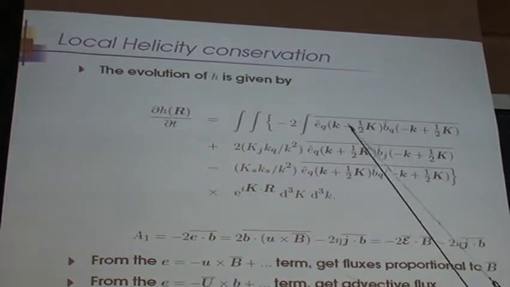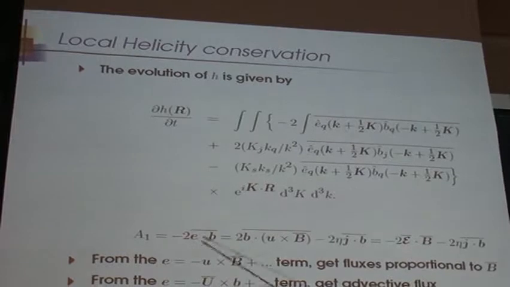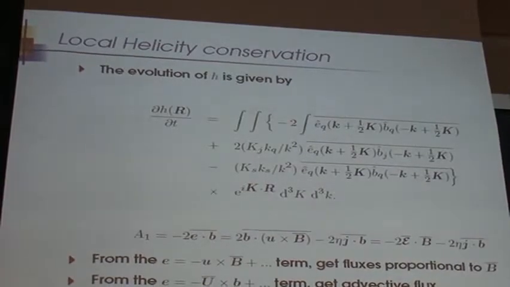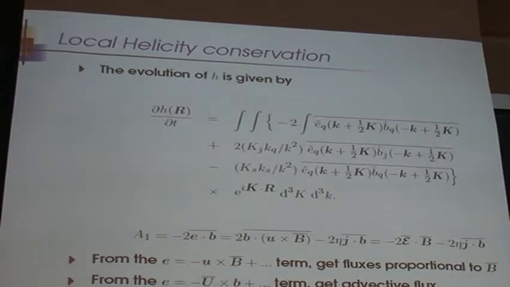So the first term here, which I called A1, is exactly minus 2 small e dot small b average, which you get in a normal helicity conservation equation when you have all the fields homogeneous in space.